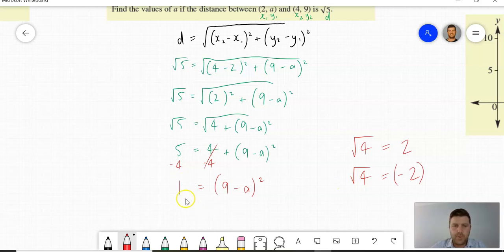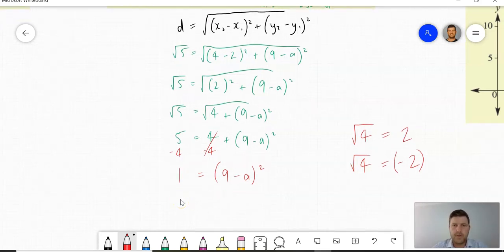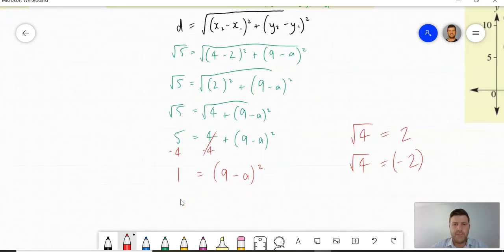So at this point, my answer could be one of 2 possibilities. So positive 1 might be equal to 9 take a, or negative 1 could be equal to 9 take a.